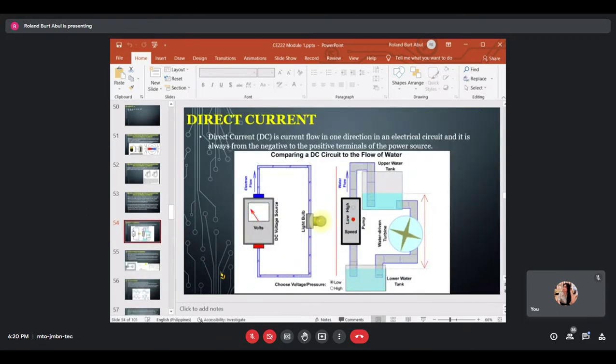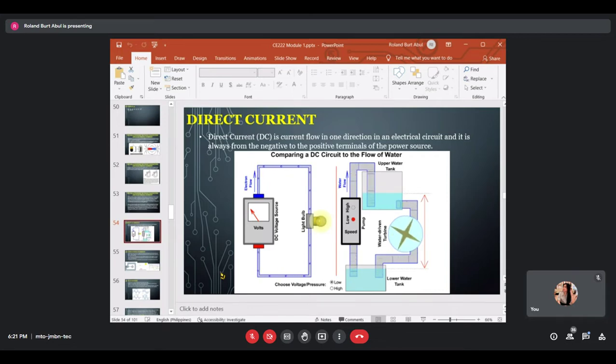So, next is direct current. Direct current is a current flow in one direction in an electrical circuit and it is always from the negative to the positive terminals of the power source. So, katong previous example nato sa circuits nato are examples of a direct current circuit. So, direct current circuit has DC voltage source such as batteries and solar panels.